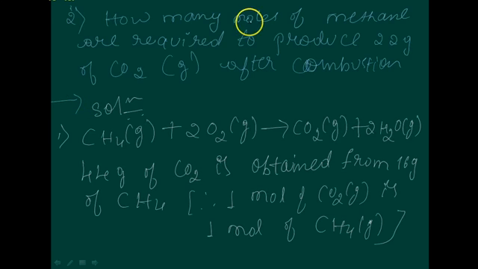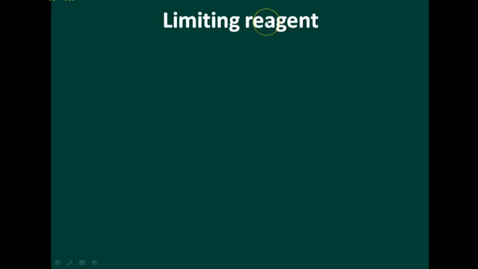So how many moles of methane are required to produce 22 gram of carbon dioxide after combustion? Next is limiting reagent. What do you mean by limiting reagent?